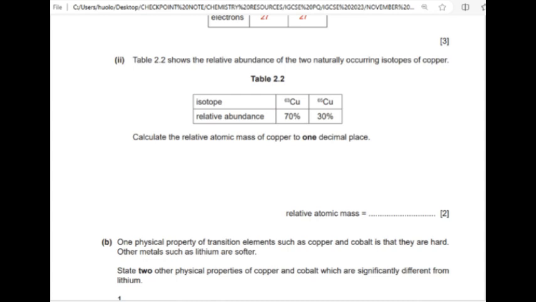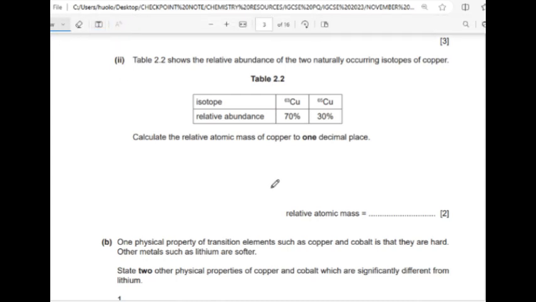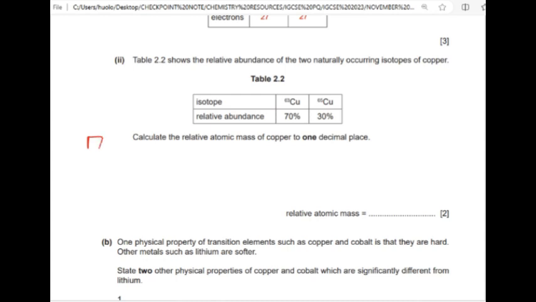Now we are to calculate the relative atomic mass of copper to 1 decimal place. Okay, so let's remind you the formula. You just look at the percentages and take the average. So you are doing 70% times 63.